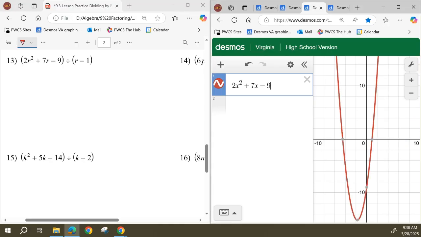So if we look at number 13, and we rewrite r for x so that we can communicate properly with Desmos, we can see we have one funky intercept that has a decimal in it and then one that doesn't.